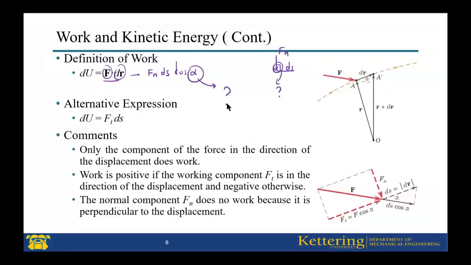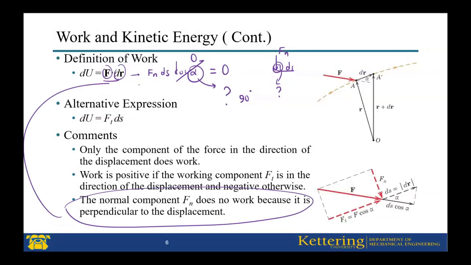Fn is perpendicular to ds. This alpha is 90 degrees. This is the reason this one becomes 0. It means that the amount of work done by Fn is 0. I showed you using this equation.